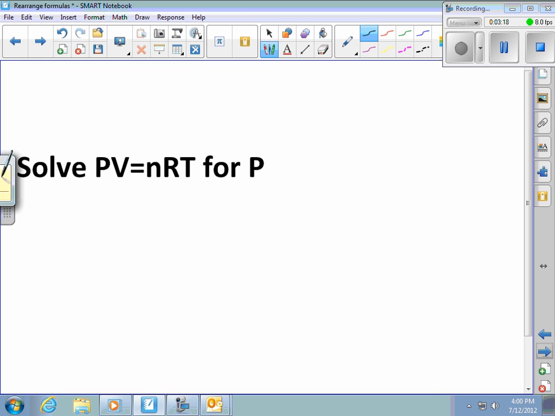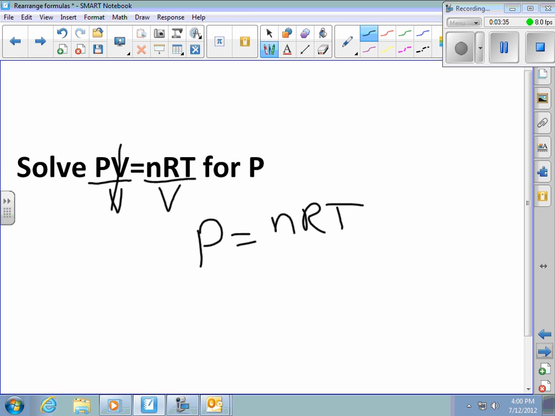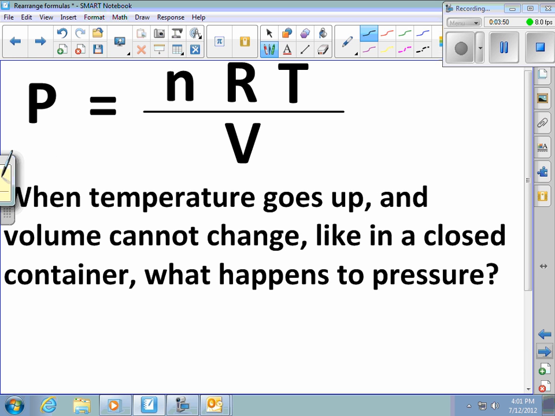So let's solve for P. If we want to investigate pressure, I want to get the P by itself. So we get rid of the V by dividing by V. So the pressure is equal to nRT over V. The opposite of multiply by V is divide by V. So when temperature goes up and the volume does not change, like in a closed container, a metal can or something, what would happen to the pressure?